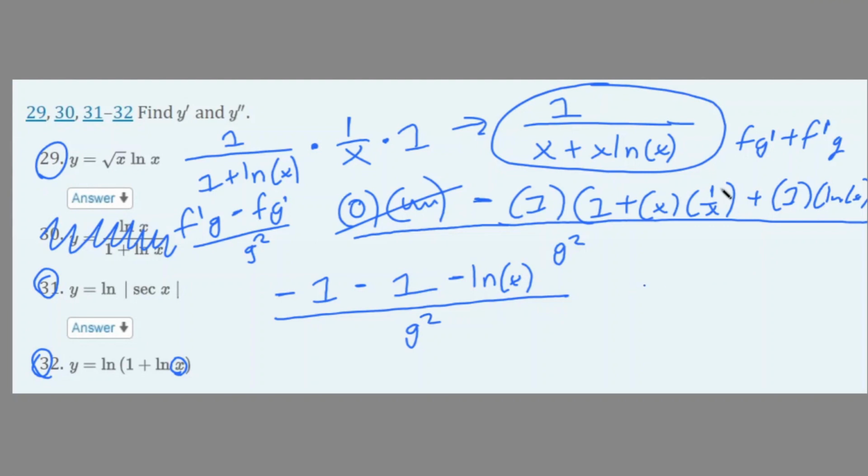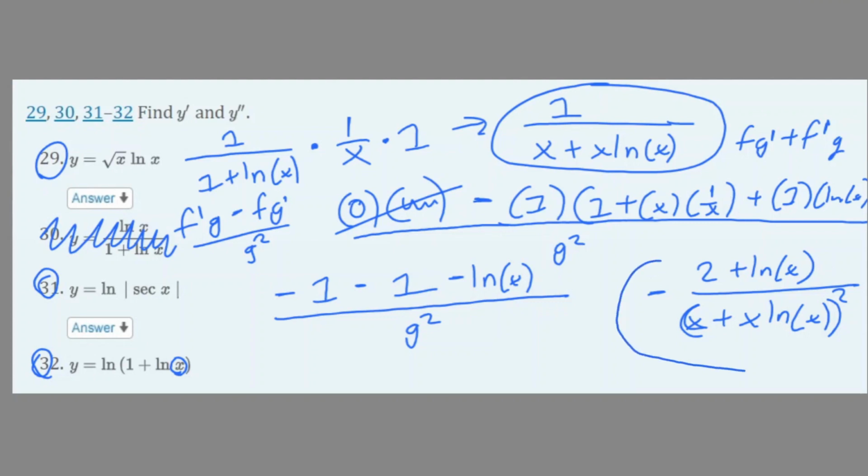So our final answer, I believe, would be negative 2 minus ln of x over x plus x ln x, all squared, but we do not need to simplify that, it's just not necessary. And that would be your second derivative for number 32.